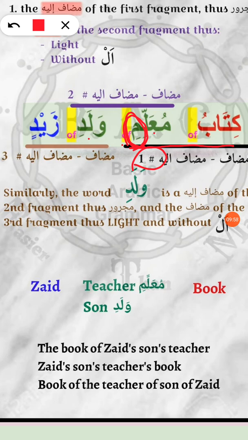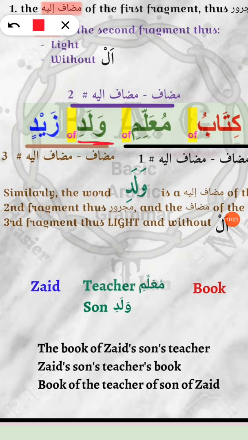Therefore, it acts as the Muzaaf for this word, which is jar, as a result of which this is our Muzaaf Muzaaf Ilaih combo, or fragment number 2. This is what we have learned up till now. The same rule simply extrapolates. So what do we have? We have waladi Zaidan.